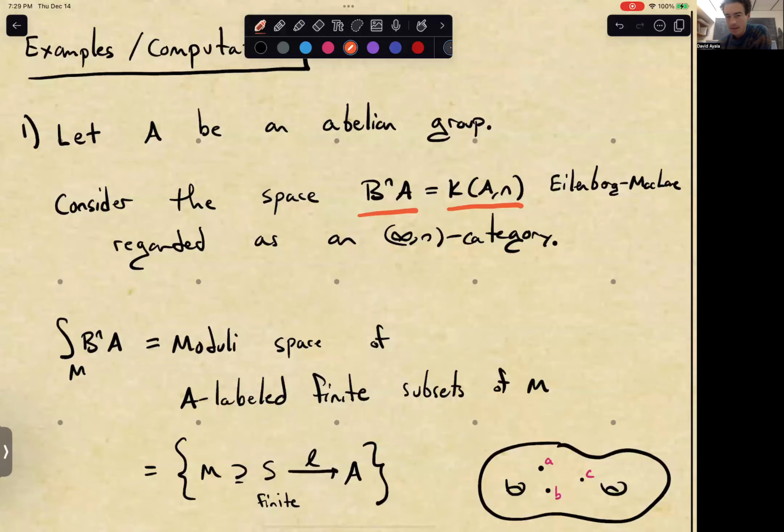One is BnA, another is K(A,n). A feature is that this is a pointed space with homotopy groups that are either 0 or A, and it's A in the named degree, and it's 0 in all others.